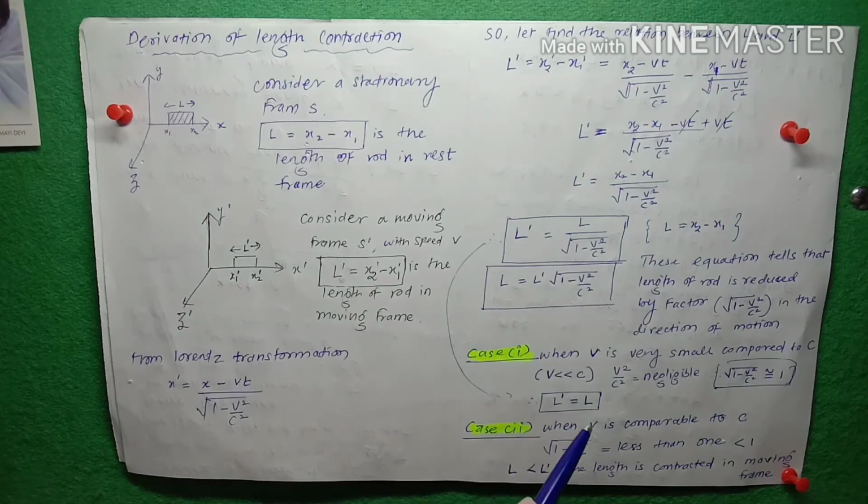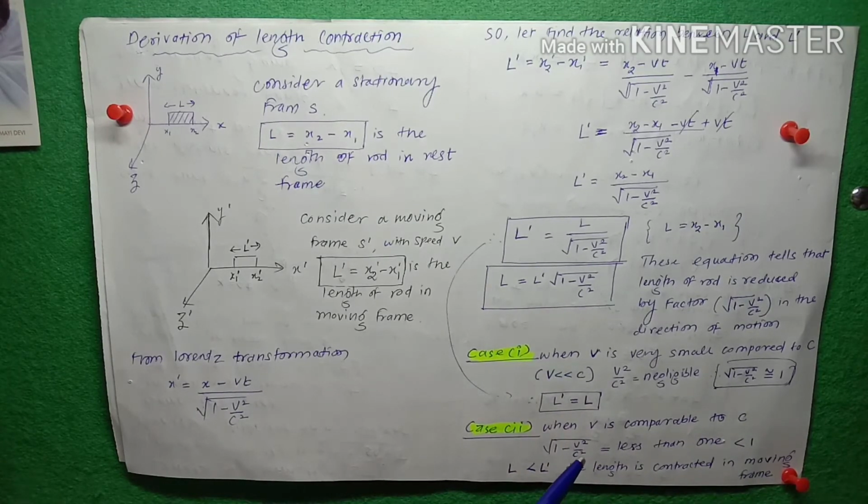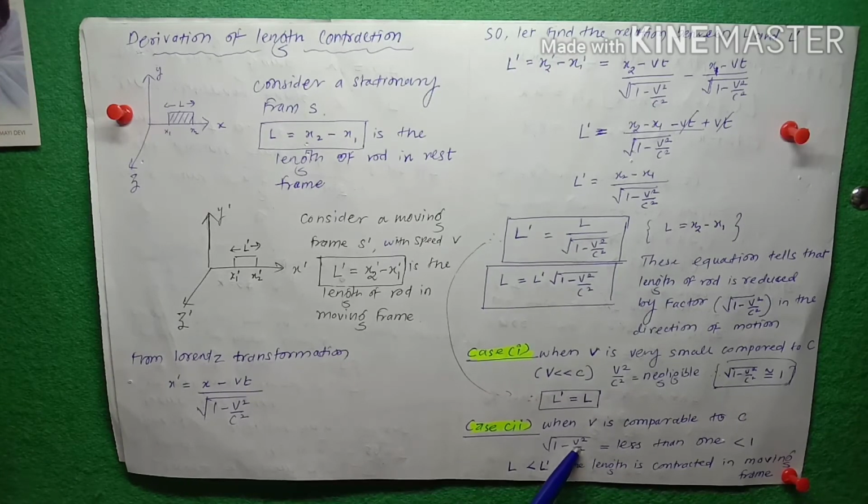But suppose the speed increases and becomes comparable to c, the speed of light. Then v squared by c squared is not negligible, so 1 minus that quantity will come out less than 1.